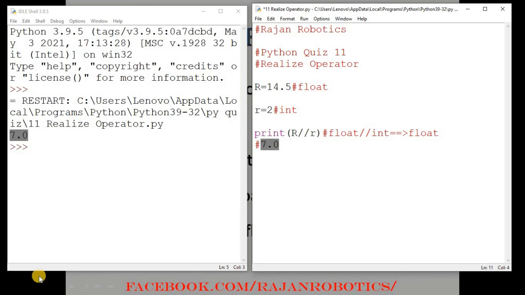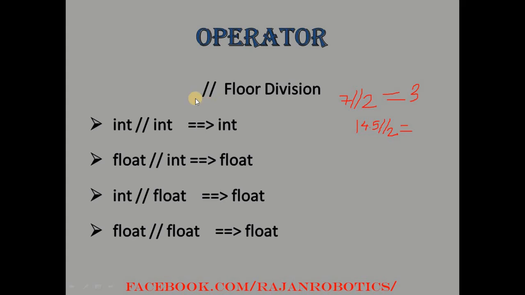This is the concept we have learned. So when we are using floor division, always have a clear picture that when we go for integer floor division integer, the quotient will be an integer. Apart from that, if either the divisor or the dividend is a float, then we get the quotient in the form of float. I hope you have enjoyed today's quiz and got a lot of insights from this quiz.